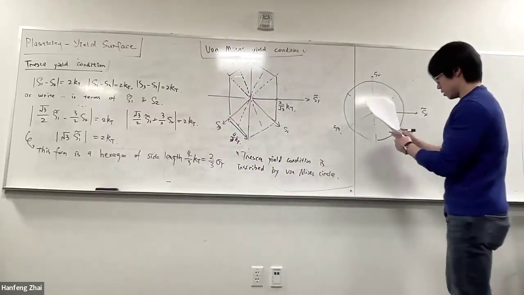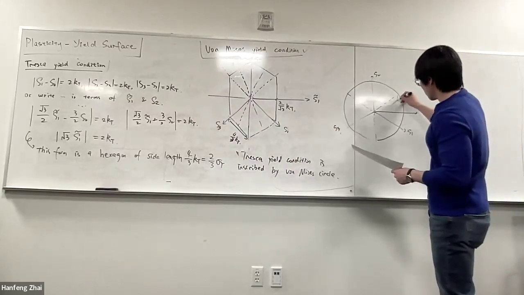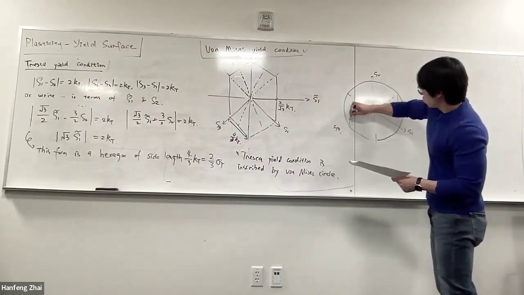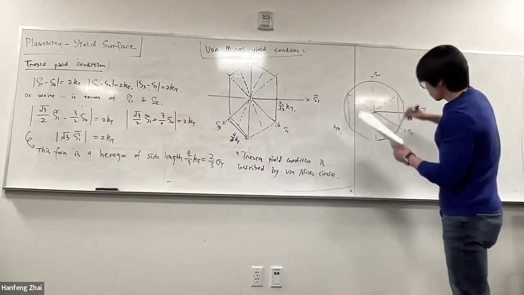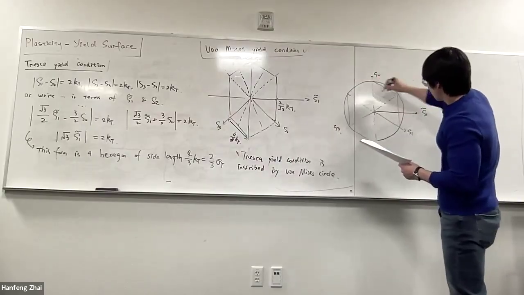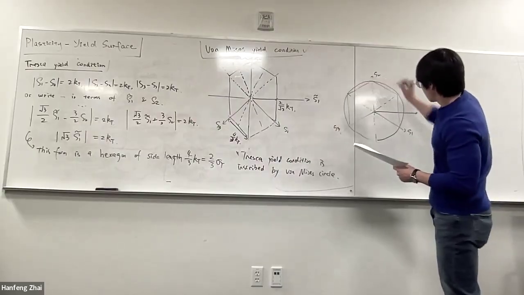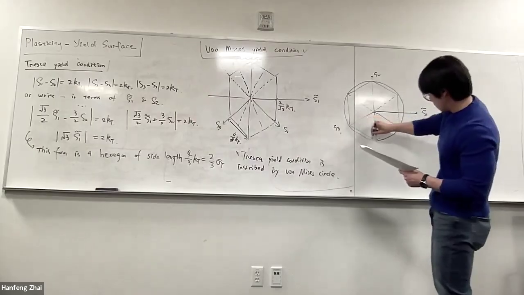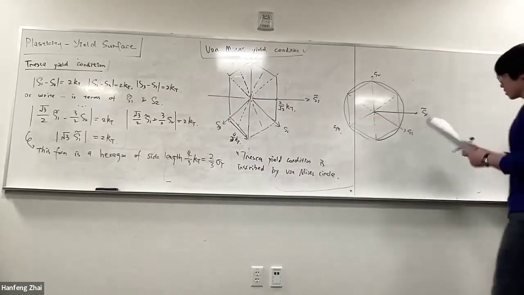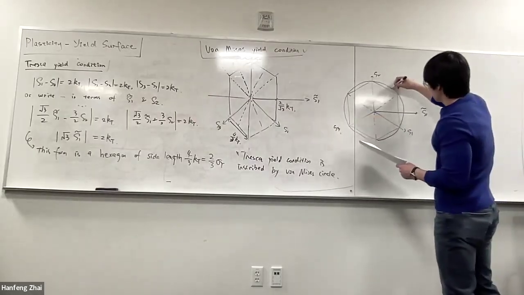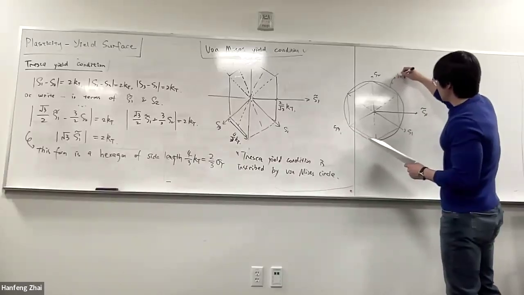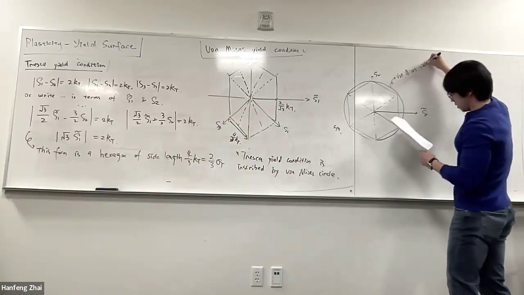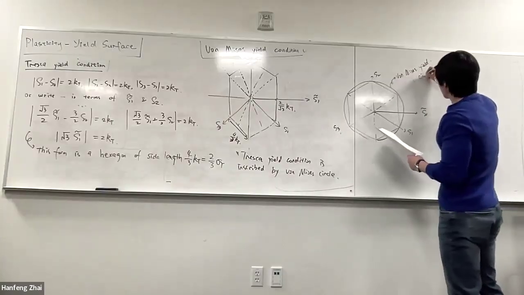So on this projection plane, it will literally look like this. And this circle is the Mises yield criteria or yield circle.